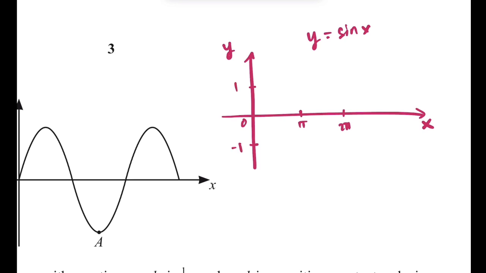This one has a maximum value at pi over 2, because we measured this in radian, so we write pi instead of degree. And this one is 3 pi over 2. Now let's sketch the graph here. So we will have this type of graph, okay?